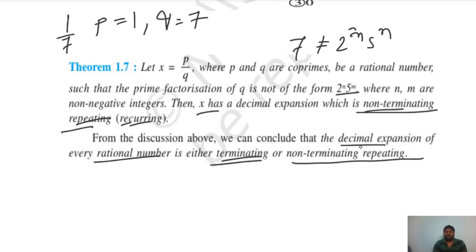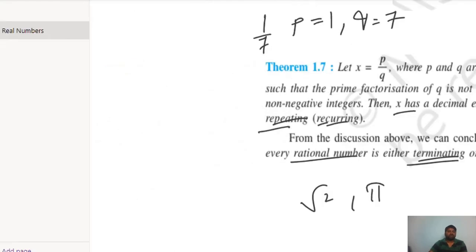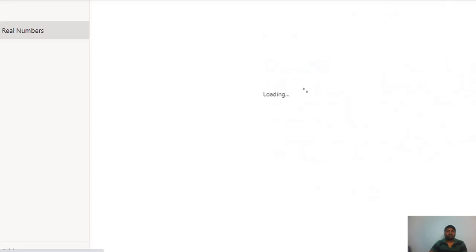When it is non-terminating and non-recurring, this is called an irrational number. Suppose root 2, suppose pi. These numbers are non-terminating, non-recurring when we write their decimal expansions. You can also see this part in the 9th class.